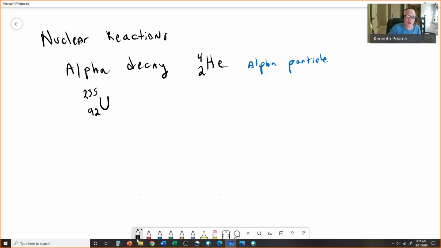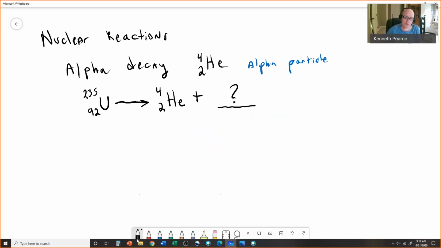If we're going to decay, then we draw an arrow, and we say we're going to produce a 4-2 helium and something else. That's what an alpha decay looks like. Our goal is to figure out what this product is in addition to the alpha particle. The uranium-235 is breaking down into an alpha particle and some other element.